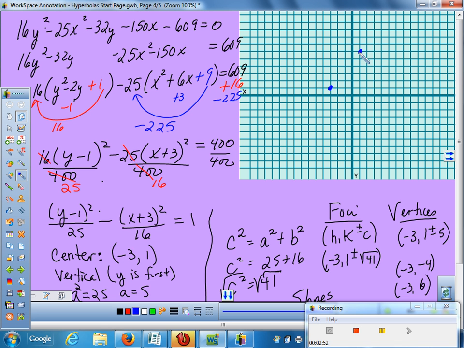But those slopes are positive and negative. So that means I can rise 5 and run 4 in all directions. So I could have done rise 5 and run 4 to the left. I can also do down 5 over 4 in both directions. You should end up with a box. Where should you put your asymptotes then? They go through the corners of the box and the center. So you should be able to just run asymptotes right up through there in both directions.